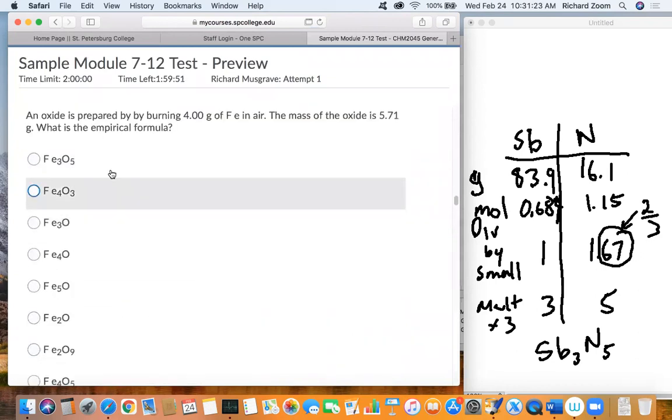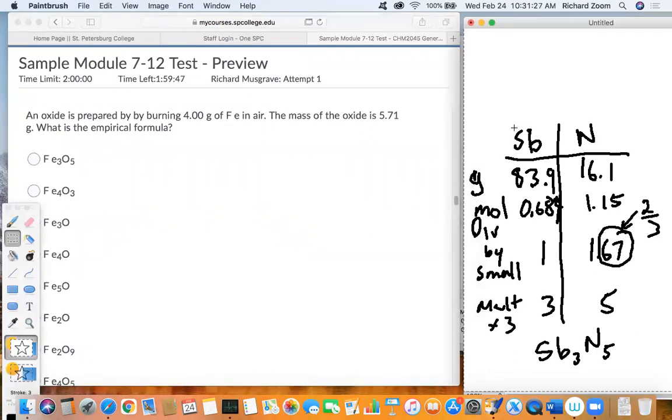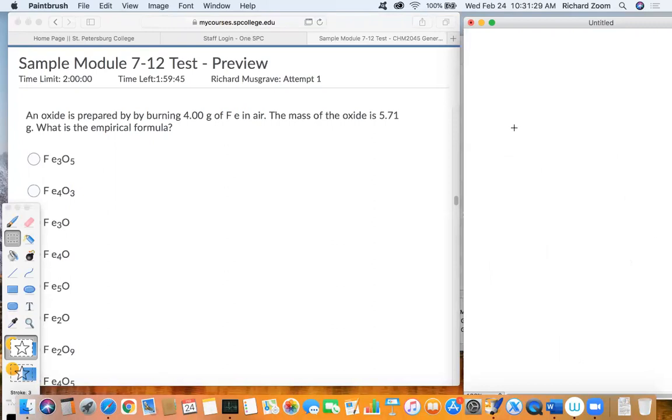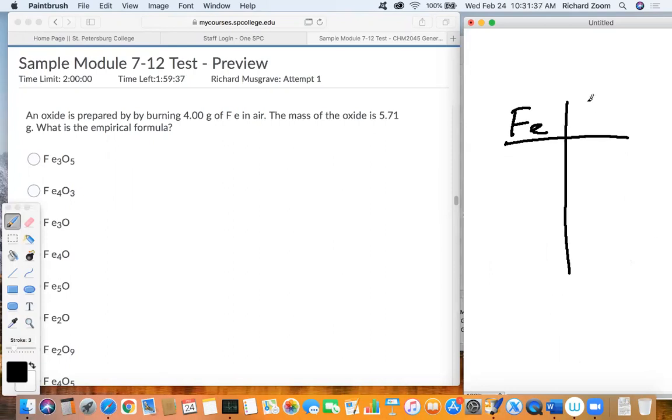Here we go. So 4.00 grams of iron in air. Now, this one is going to be an oxide, so that's a compound of Fe with oxygen. So the grams of Fe will be 4.00.